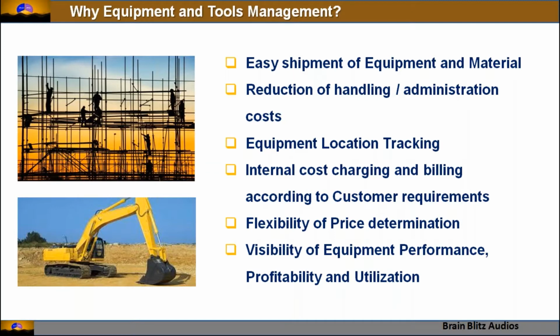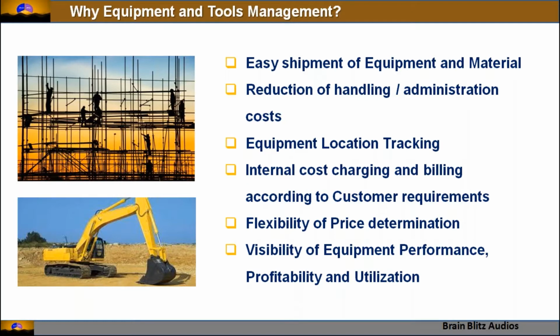For example, the first one, easy shipment of equipment and material. Here, when you're talking about equipment, we may consider two kinds of equipment, right? Some of the equipment may be from the plant maintenance perspective, something which is stationary, say a motor or a generator.